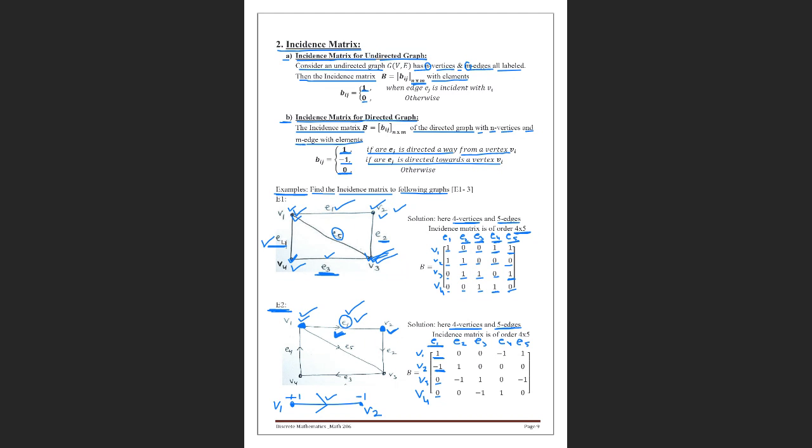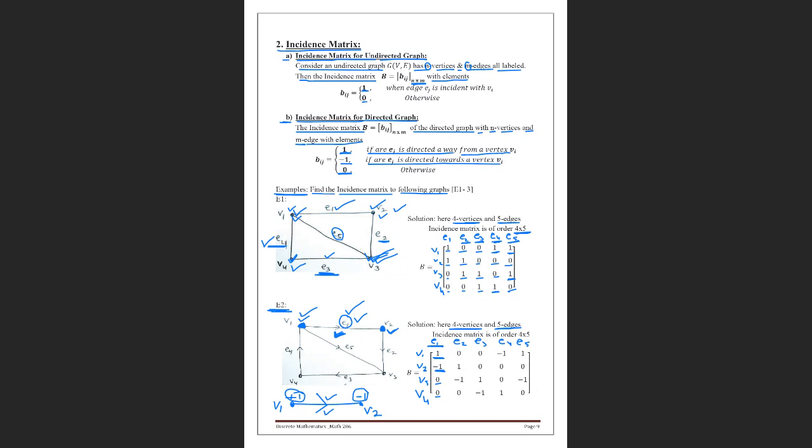See this, right? The arrow this way, so here -1, and here +1, right? Out means +1, yes, and in means -1. Out means +1 and in means -1.